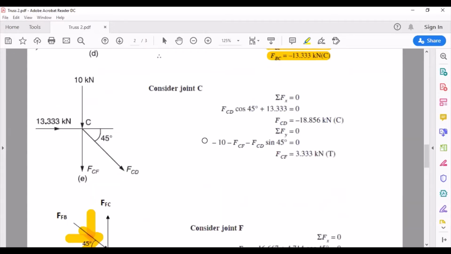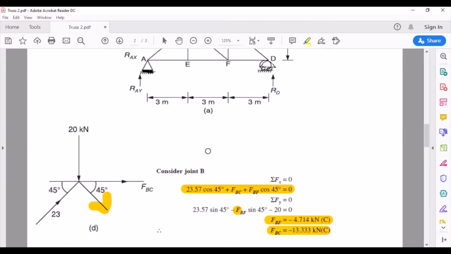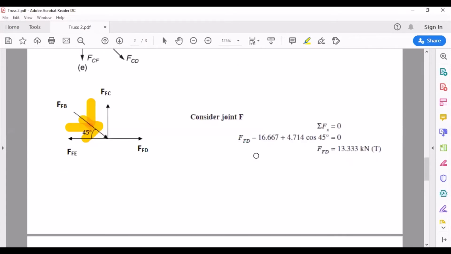You will get it in joint B: FBF is 4.714. So 4.714 cos 45, and only one unknown here. After rearranging, you will get it with positive sign, which means the direction assumed is correct. So FFD is 13.33, moving away from joint F, thereby positive.